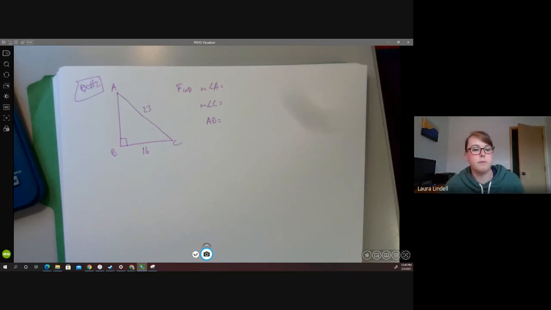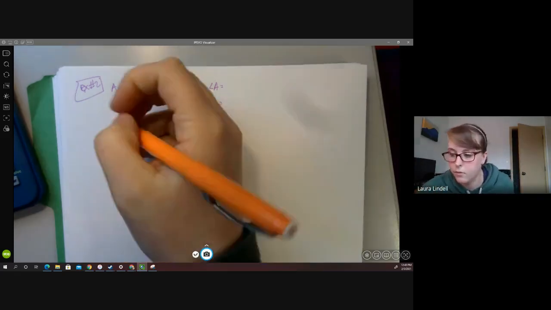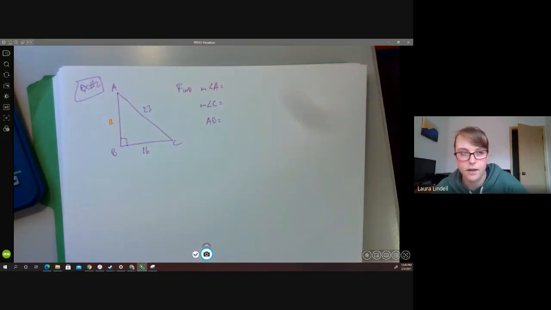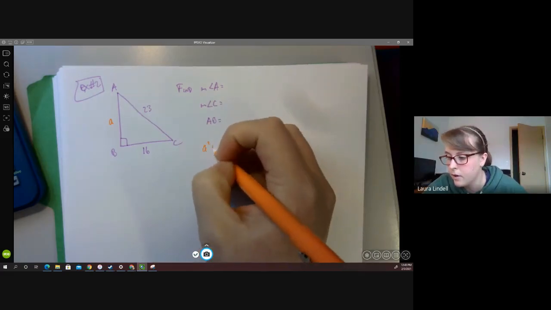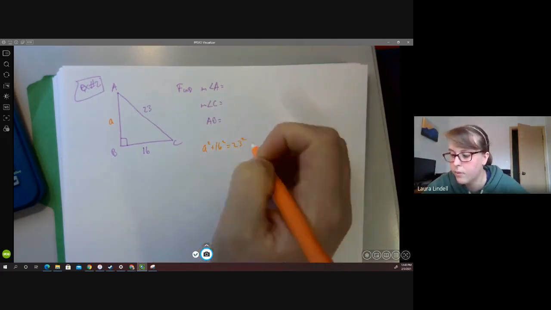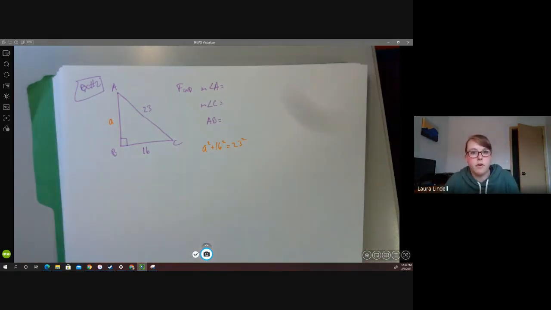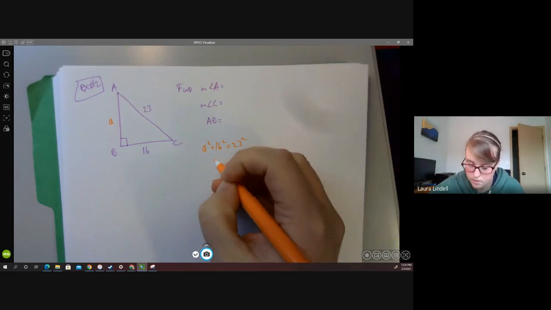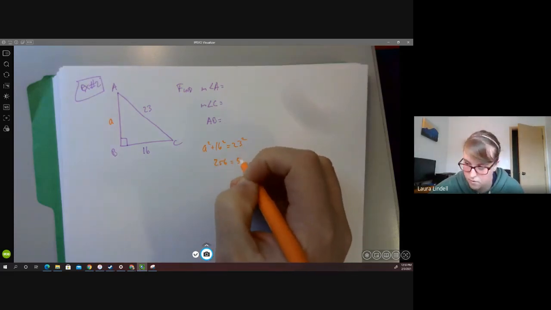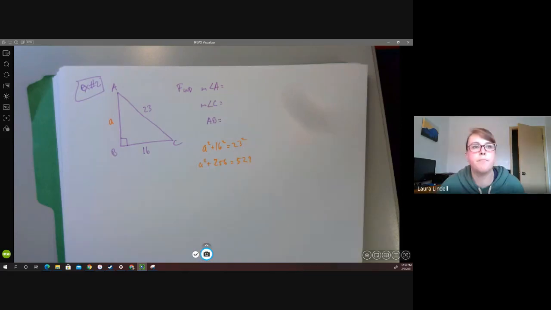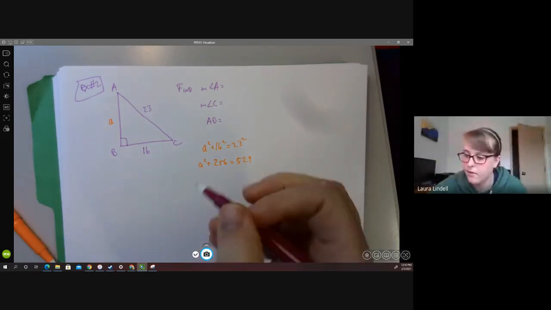So to start with here, finding our missing side, we can just use the Pythagorean theorem. So we'll call this A, and then A squared plus B squared equals C squared. So A squared plus 16 squared equals 23 squared. And unless you have all of your squares memorized, you might want your calculator. And then we're going to go ahead and subtract 256 from both sides.